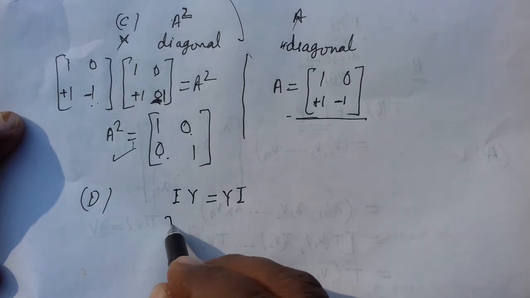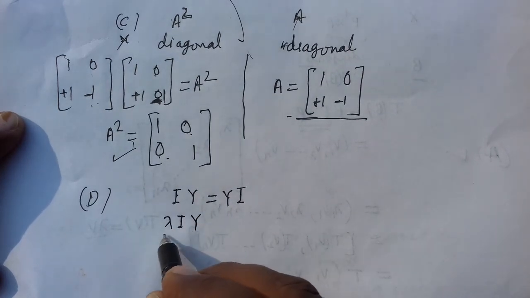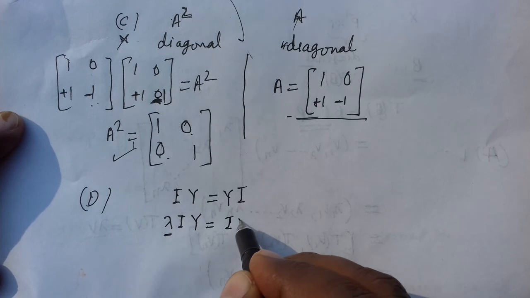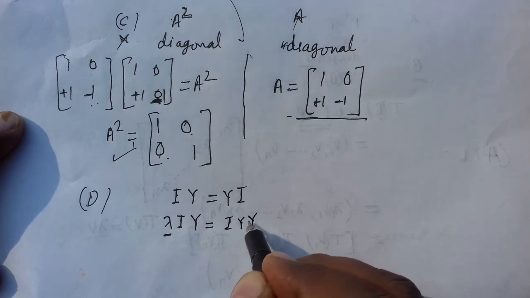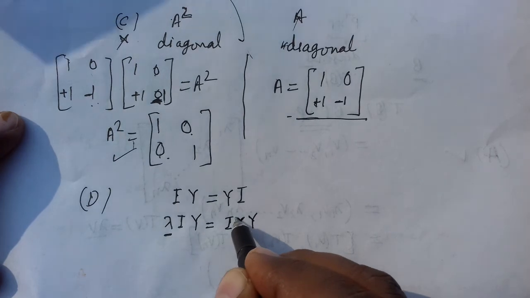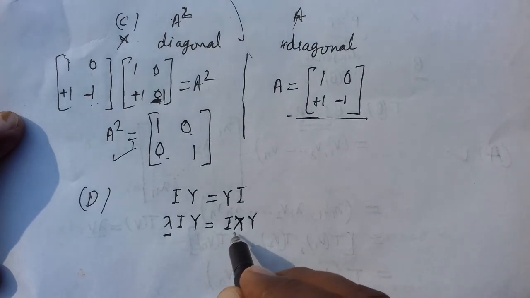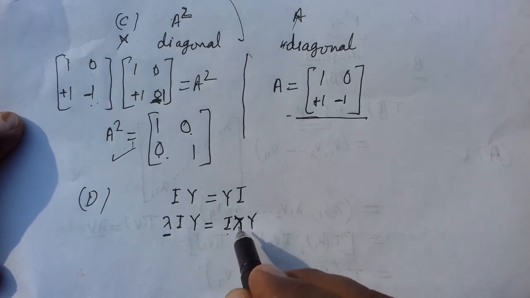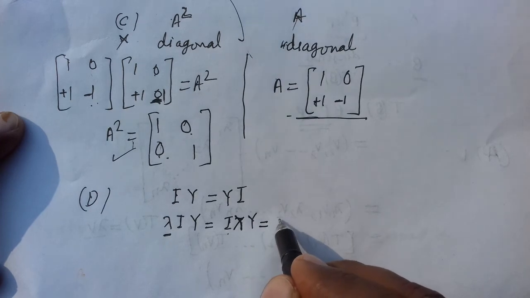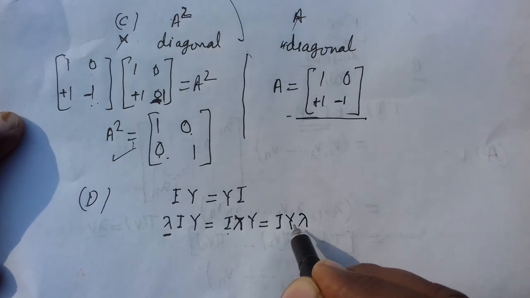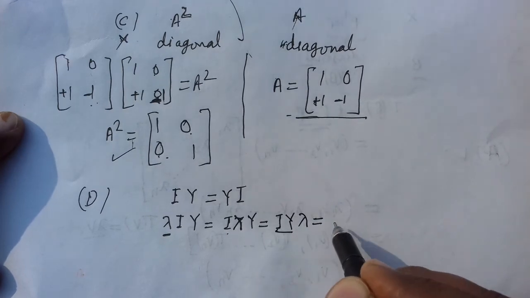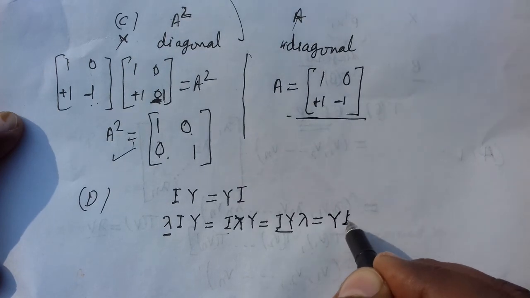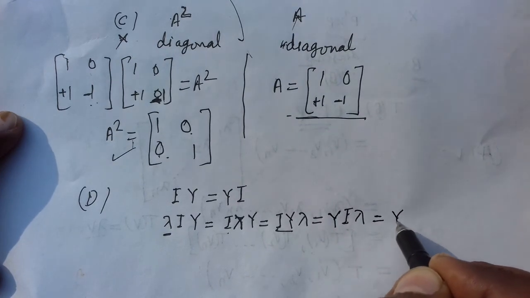Now if you take a scalar, a number lambda, you know that it can go at any place between matrices, so lambda I Y equals Y I lambda.